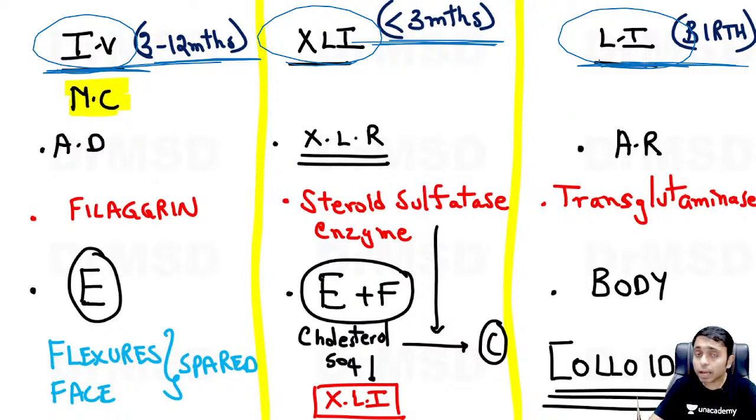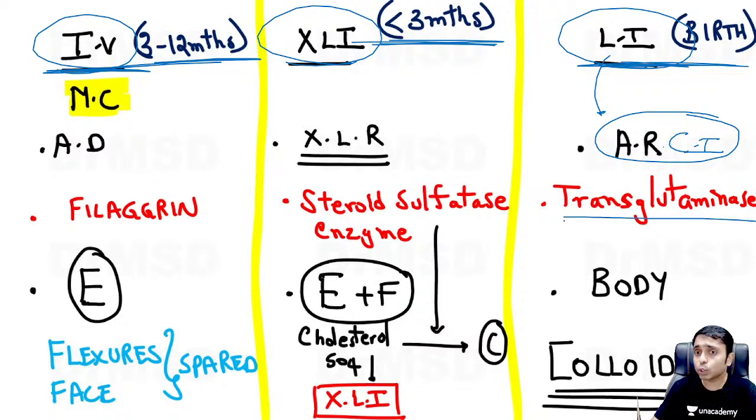So now coming to lamellar ichthyosis, which is autosomal recessive congenital ichthyosis. In short we call it ARCI, autosomal recessive congenital ichthyosis. So the basic defect is transglutaminase. Transglutaminase is defective. That is the reason why skin barrier function is lost and keratinocyte proliferation is affected.